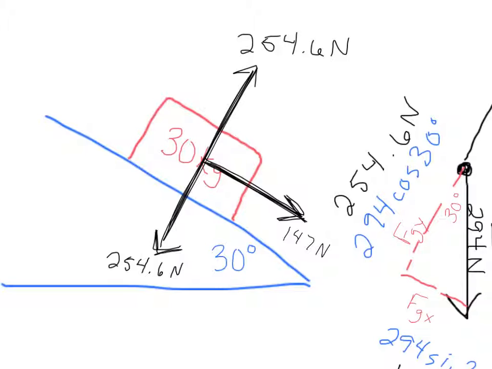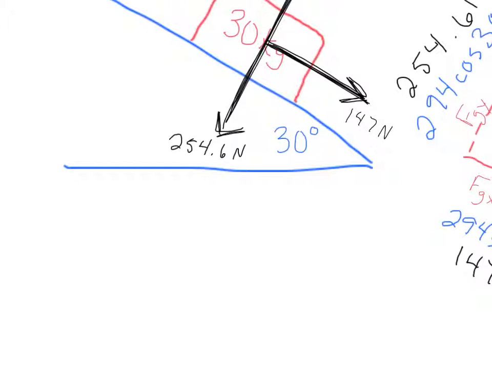Just like the last problem, our order was to divide things into components. Anything that was not up, down, left, right I had to do, which I did in dotted red there on the right. I then found the components using a calculator. The ups had to cancel the downs. But in this case, because there's no friction, there's nothing going to cancel out this force. This 147 right here is not going to be canceled out.